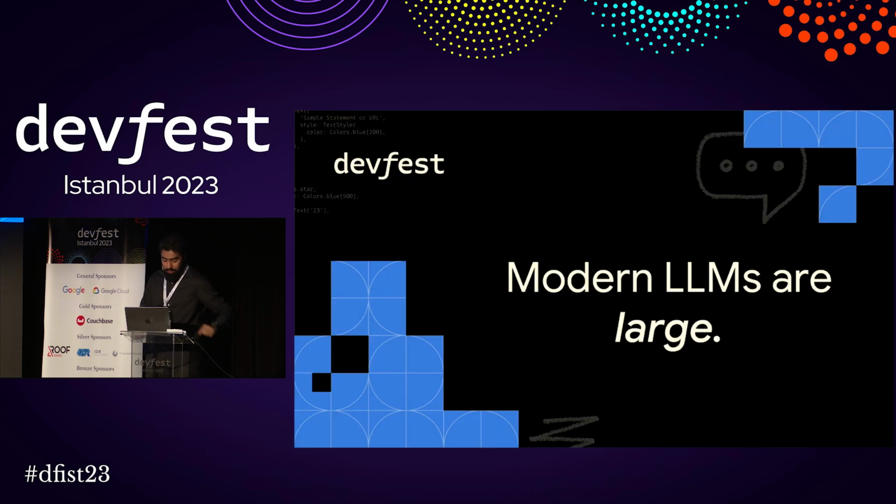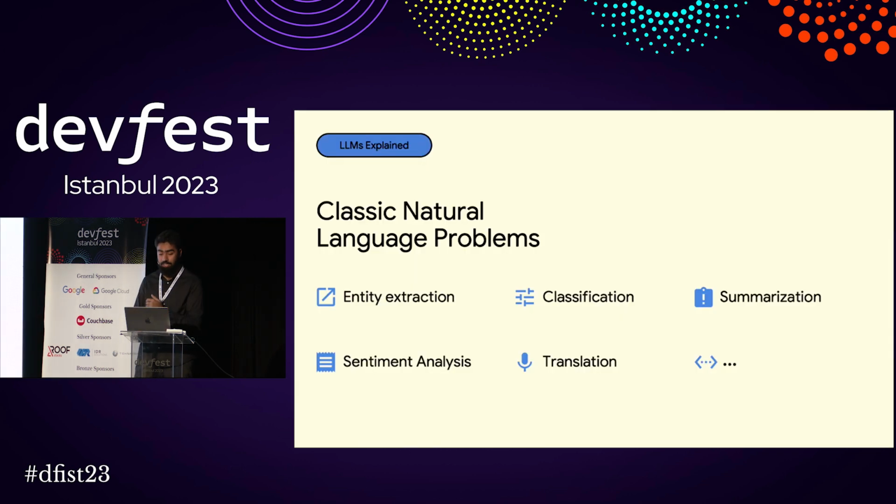OK, so these large language models are extremely large. So as you mentioned, in NLP, we have had these classic problems of entity extraction. So what is inside the sentence that we have given it? So entities could be dog, horse, table.